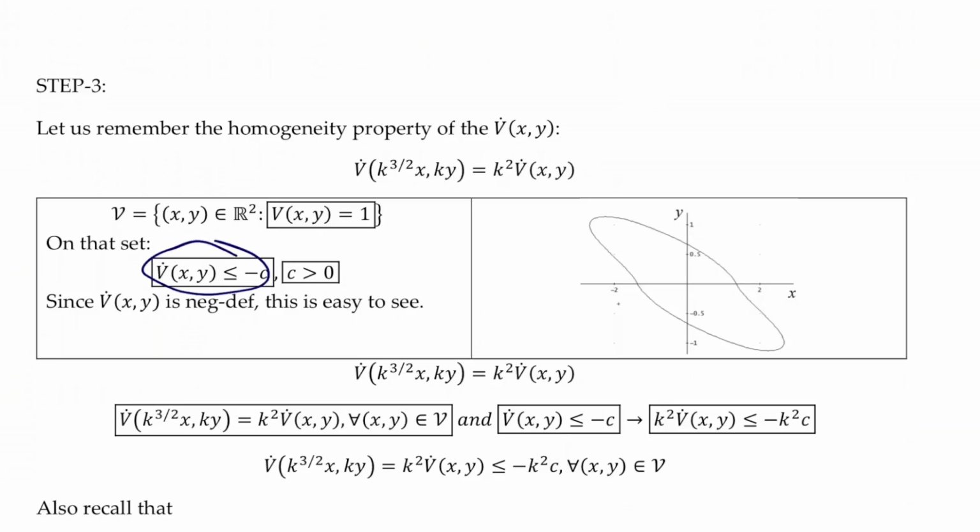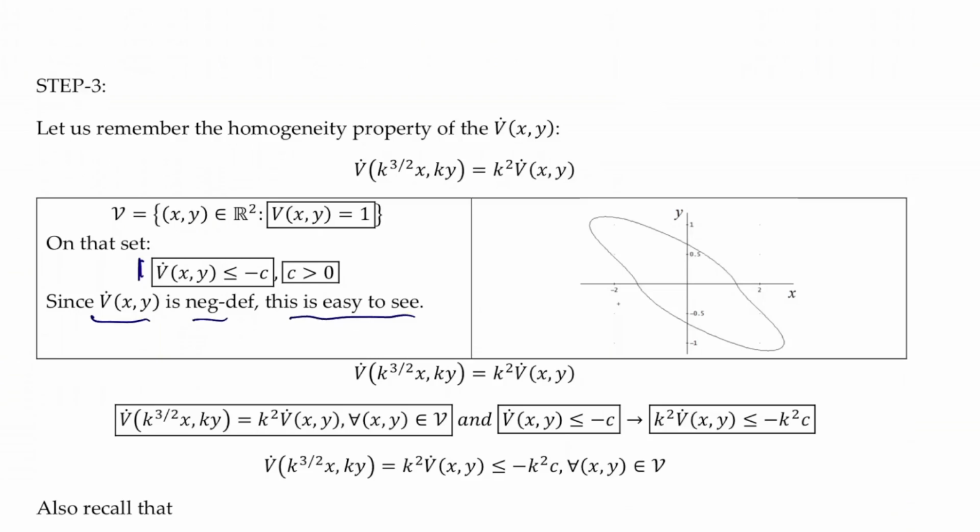Because we concluded that v dot is strictly negative on R2, except origin, of course, and that's why we can write this expression where c is a strictly positive number, since v dot is negative definite. This is easy to see.